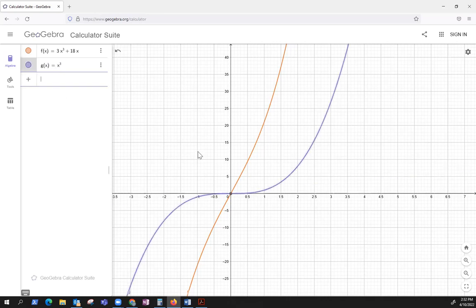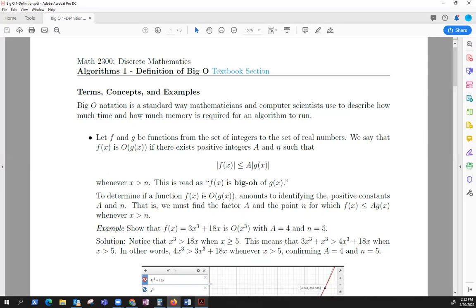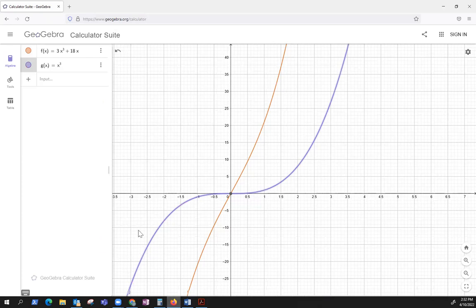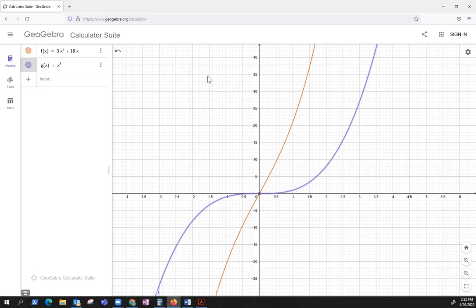So the claim, recall, is that 3x cubed plus 18x is big O of x cubed. So what should that mean? If that's true, what should that mean? Well, that should mean that if I go far enough over along the x-axis, I should be able to get a constant times x cubed bigger than this function right here.